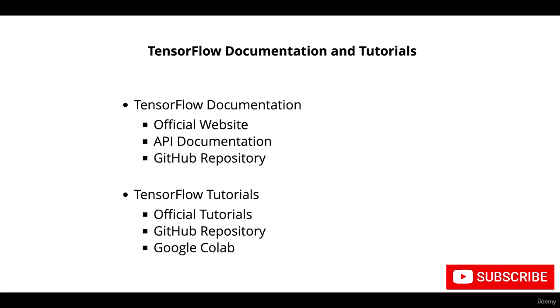So the TensorFlow documentation has official website where the primary source of the documentation is the official TensorFlow website. Here you can find comprehensive documentation covering TensorFlow APIs, concepts, guides, and best practices. The next place that I would probably go is API documentation. TensorFlow API documentation provides detailed information about classes, functions, modules, and parameters within TensorFlow's Python API.